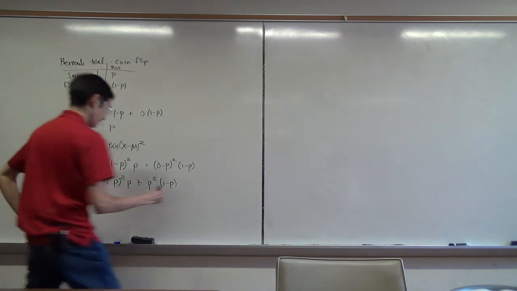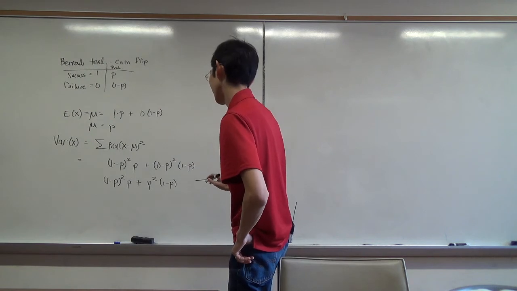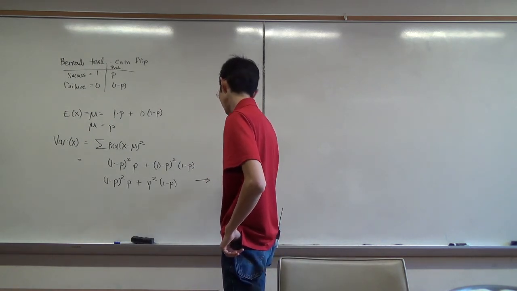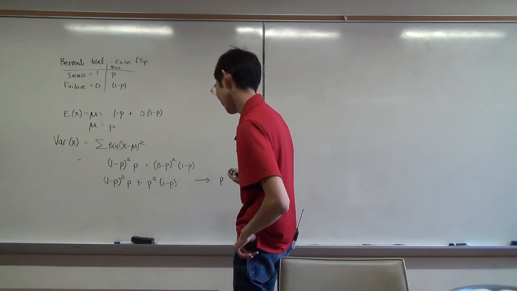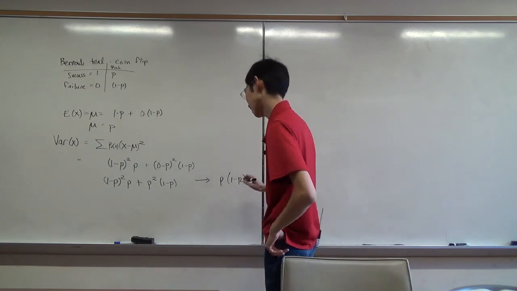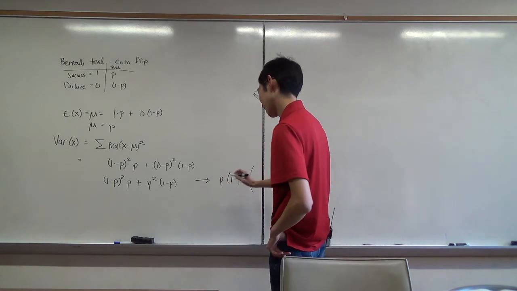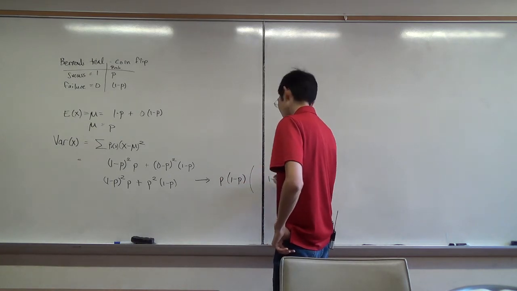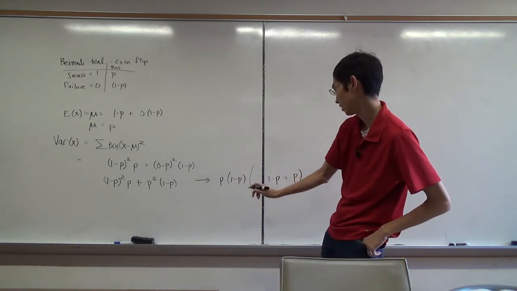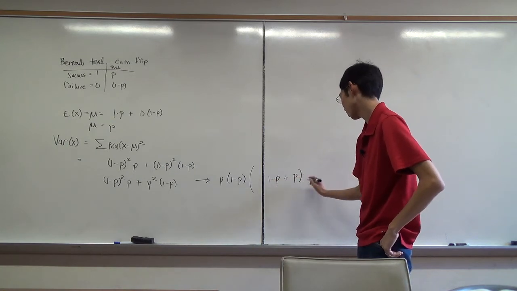Okay. Uh-oh. Now we're going to have problems here. Let me factor out a p and a 1 minus p. And what do I have left? Times 1 minus p plus p. Is that right? Yeah. Okay. And so this 0, this 1 cancels out to 1.